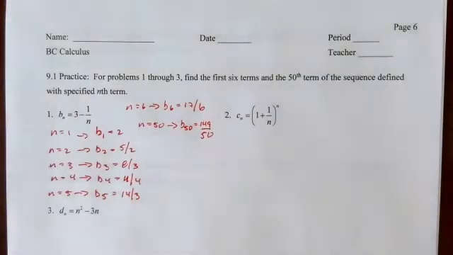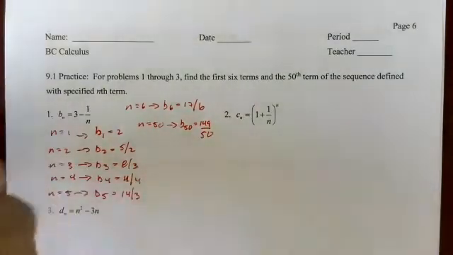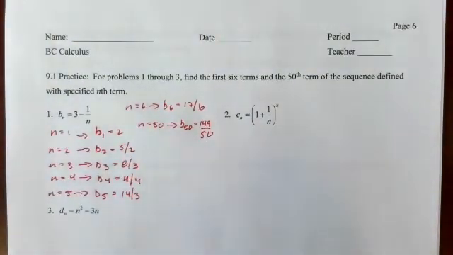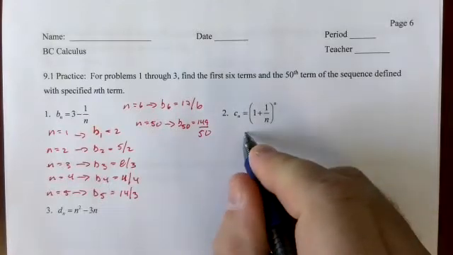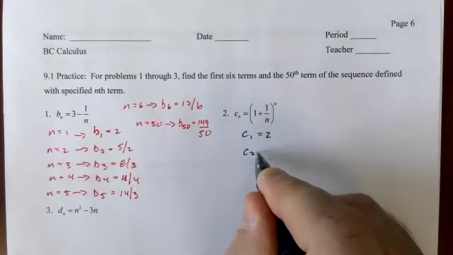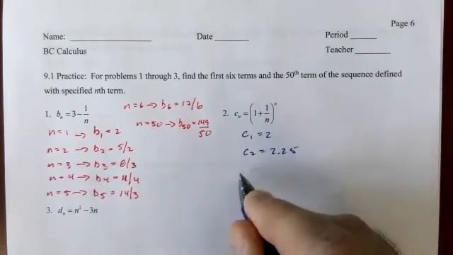All right. I believe the limit of this would be 3, but they didn't ask that. All right, so now we got C's. So let's just blast them out. C1 equals 2, C2 equals, and I decided to go with decimals.